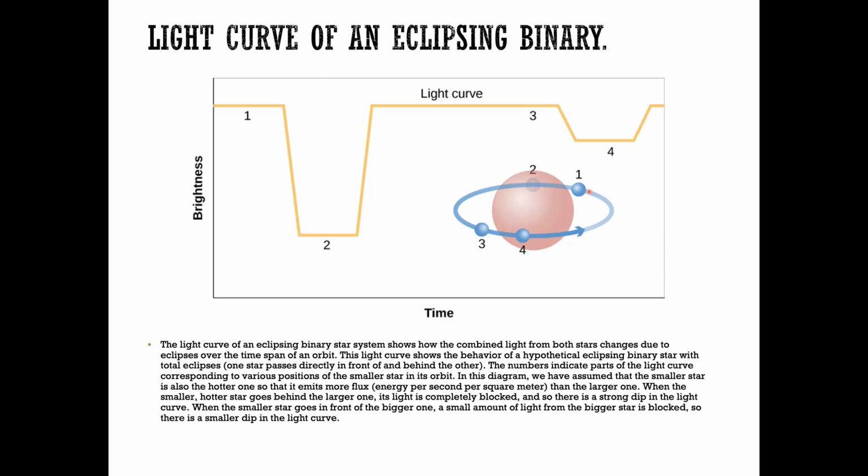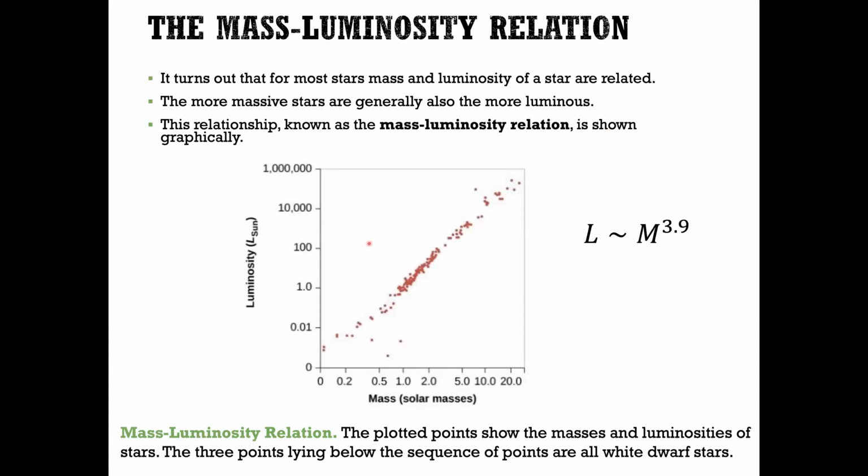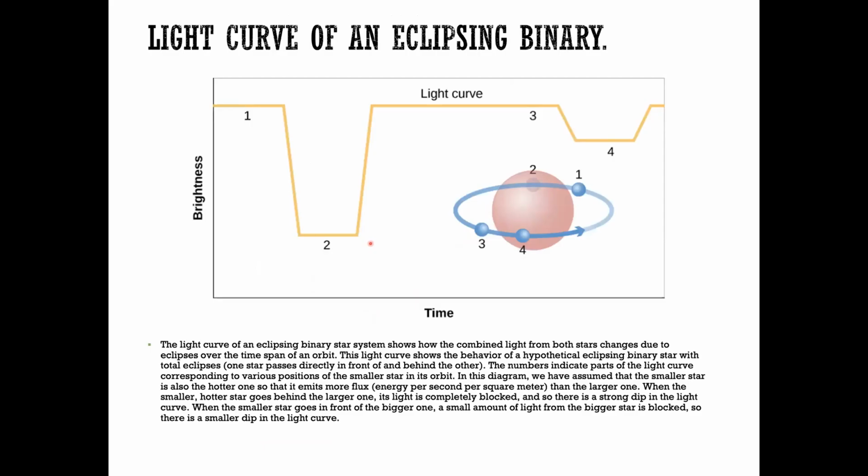So there is a fourth power for the temperature, and because of that, even though the surface area of the smaller star is not that much, when it is completely covered by the large star, the brightness coming from the smaller star is completely covered. However, the brightness is larger for that smaller star because it has a higher temperature compared to the larger one. So that's why this dip is larger compared to this particular position, right?